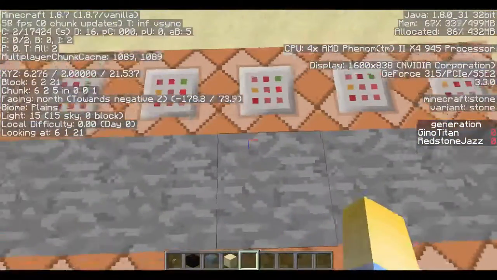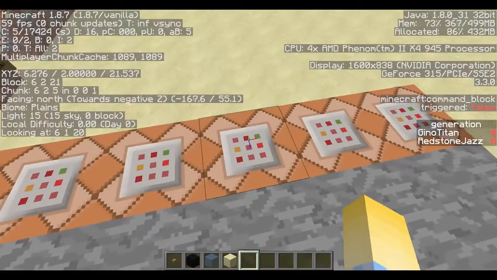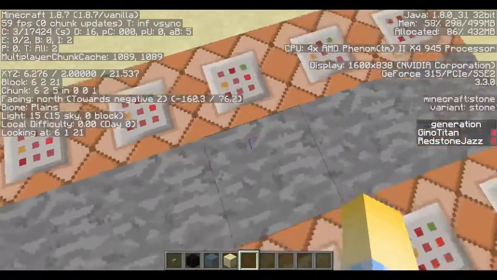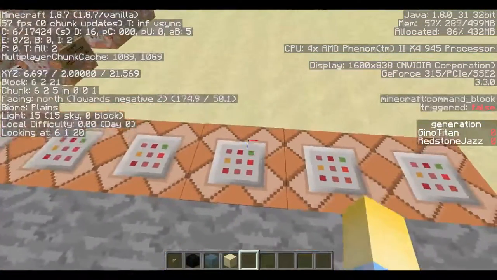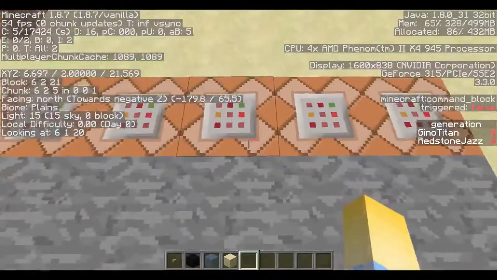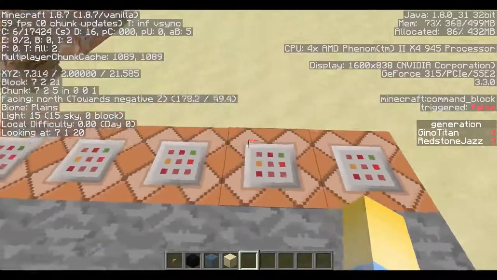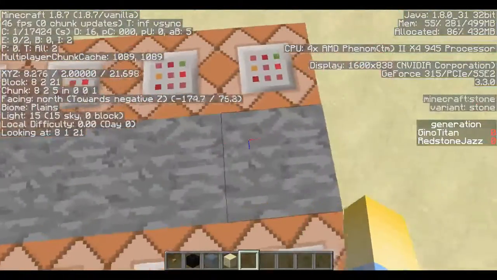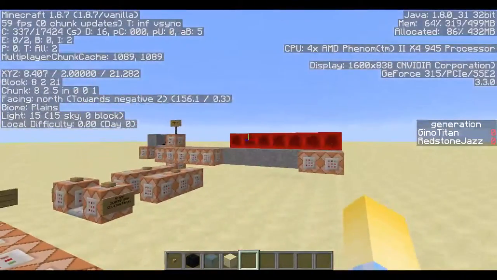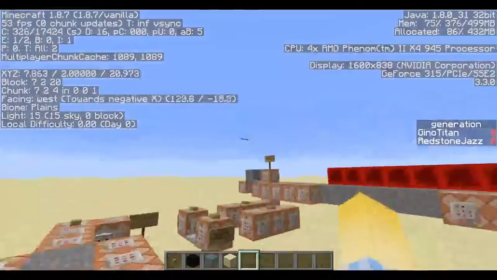We remove 16 points. Now we have 15. So do we have at least 8 points? Yes, we do. Set that block to glass. Move on. We have 7. Do we have at least 4? Yes. Set that block to glass. We now have 3. Do we have 2? Yep. Set that block to glass.